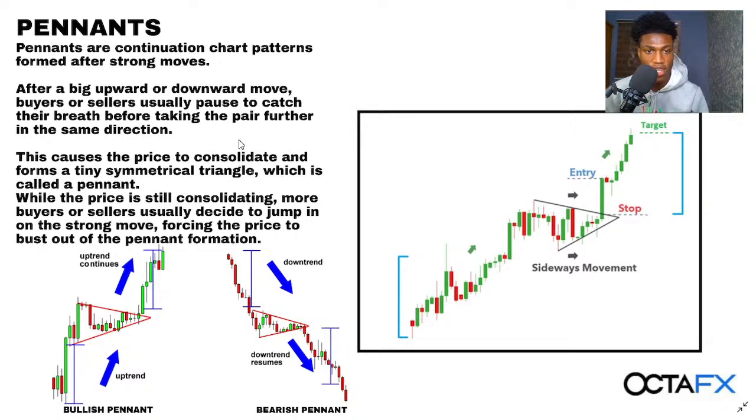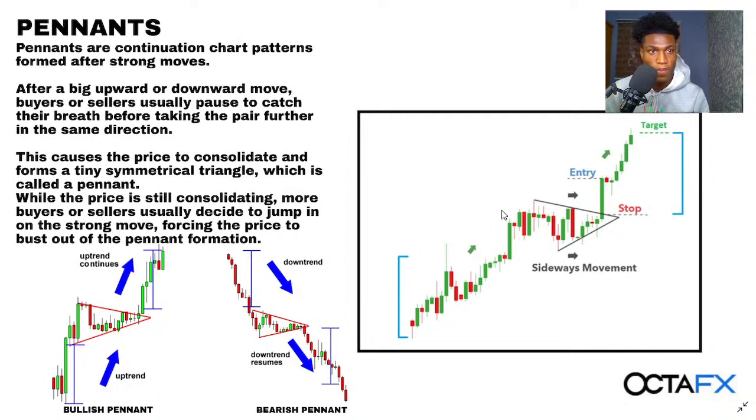This causes the price to consolidate and forms a tiny symmetrical triangle, which is called a pennant. While the price is still consolidating, more buyers and sellers usually decide to jump in on the strong move, forcing the price to break out of the pennant formation. Now, like I said, the easiest way to understand these chart patterns is to just take this definition and apply it to what you see on the illustration.